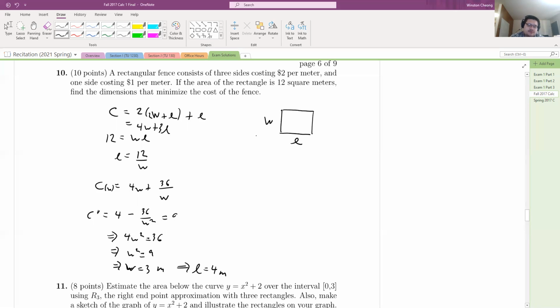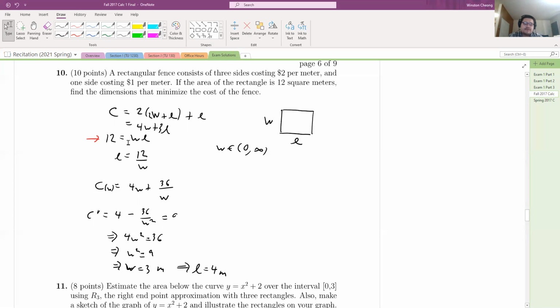One thing that we can do for that is, well, the way that the problem is structured, you would use the possibility of W going from 0 to infinity, because the main thing that limits the configuration is that the length times the width is equal to 12.